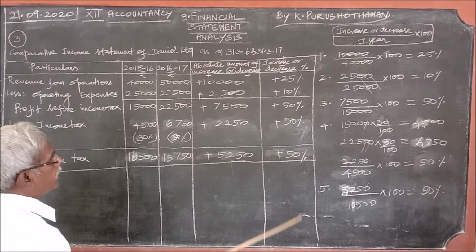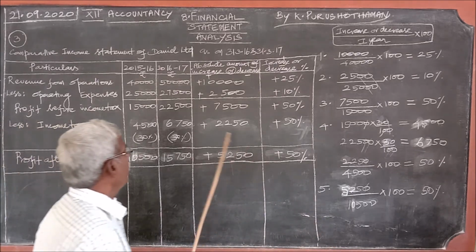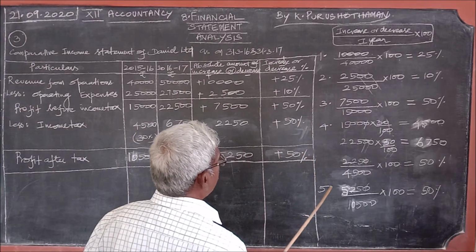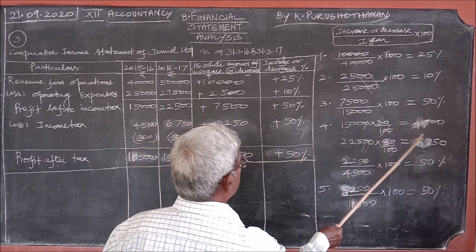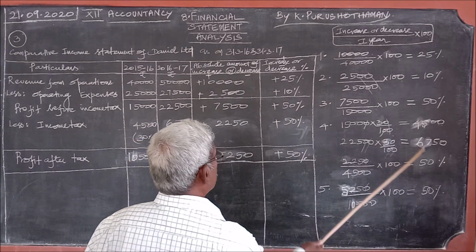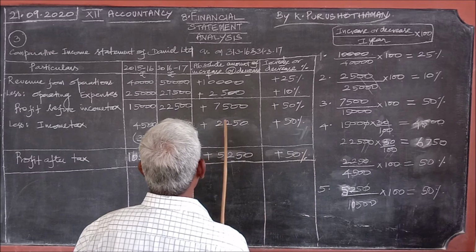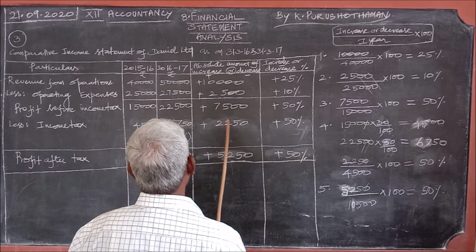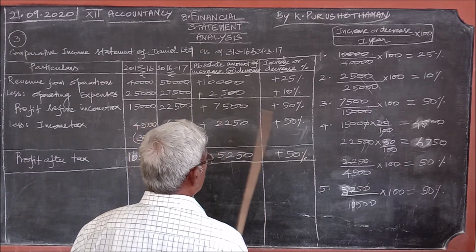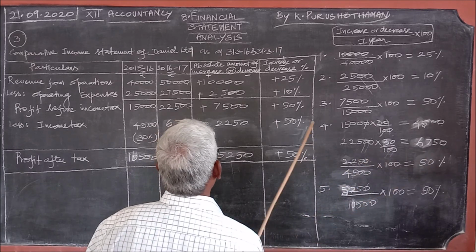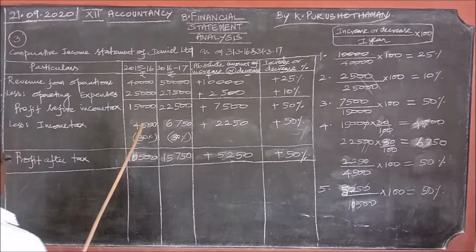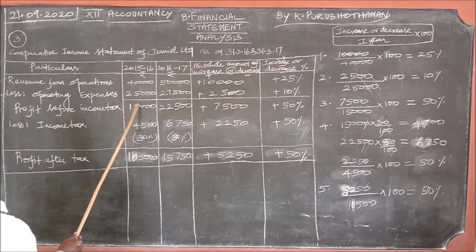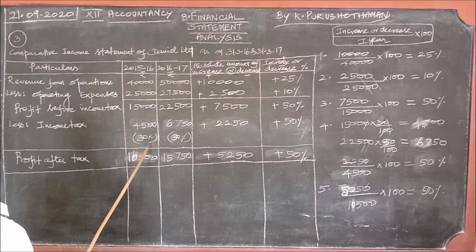That is calculated there, 6,750 here. Minusing these two, 2,250 is the increase. 2,250 by 4,500 into 100. This is 50%.